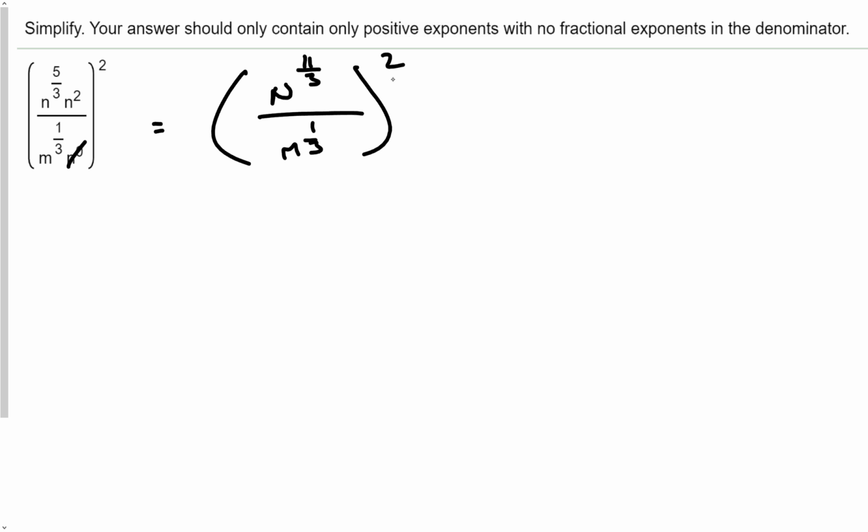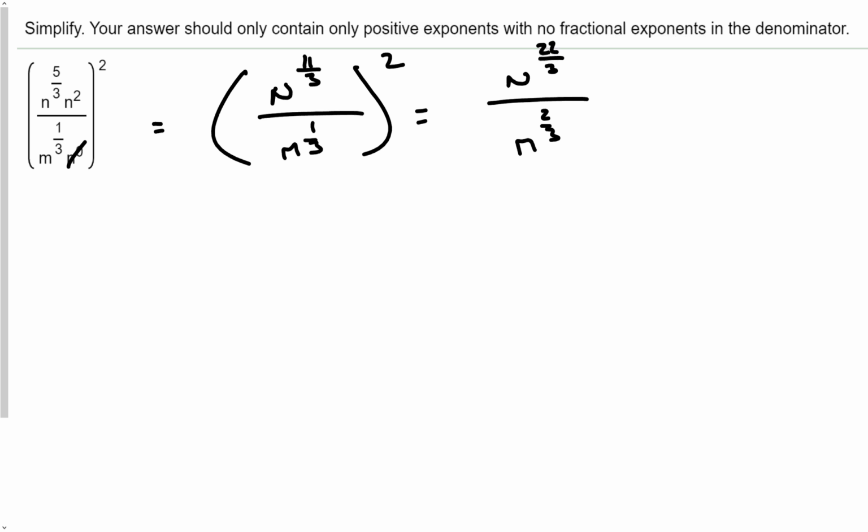To square an exponent, power to a power, we multiply them together. So this now turns into n to the 22 over 3 over m to the 2 over 3. Okay, that is simplified.